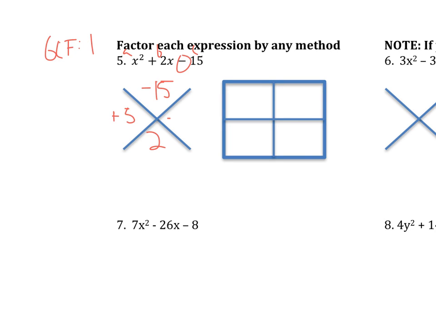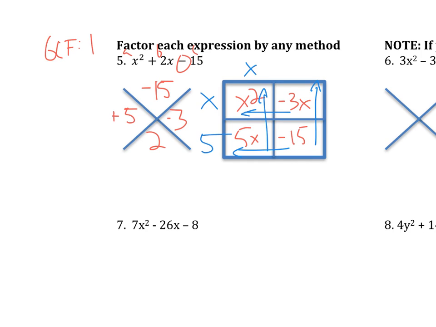Let's go 5 and 3. So I get x squared minus 15 positive 5x and a -3x. Then our GCF, so that is 5 there. That is x there. That is x there.